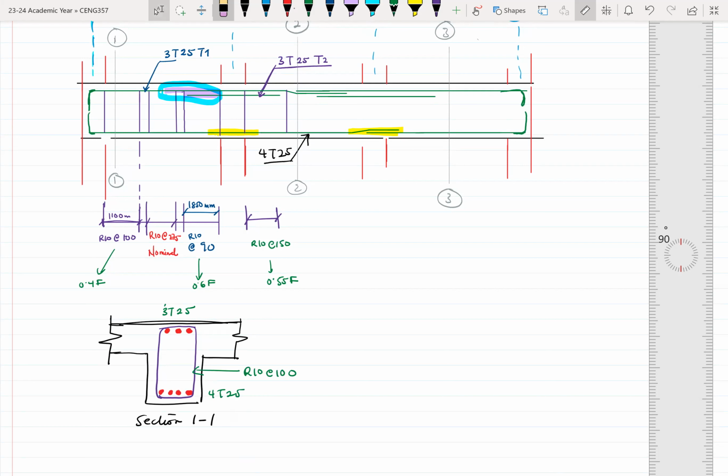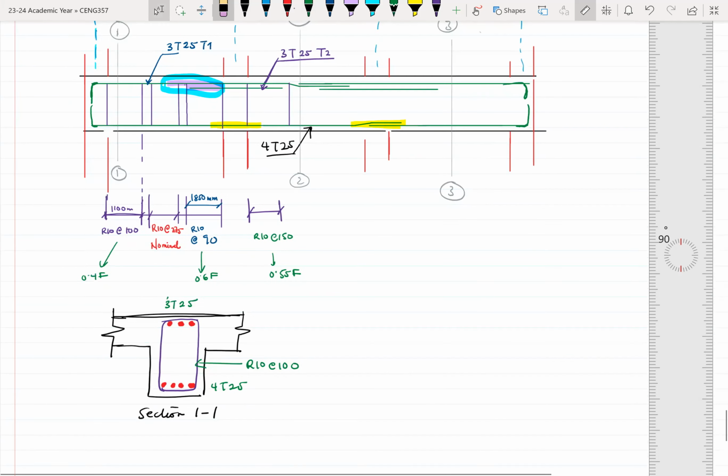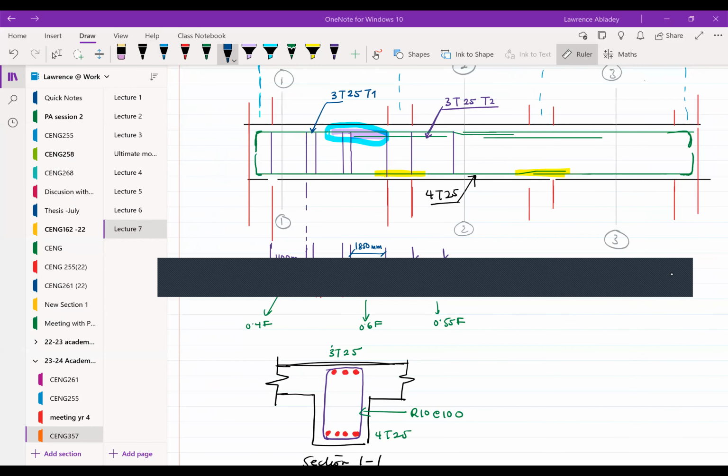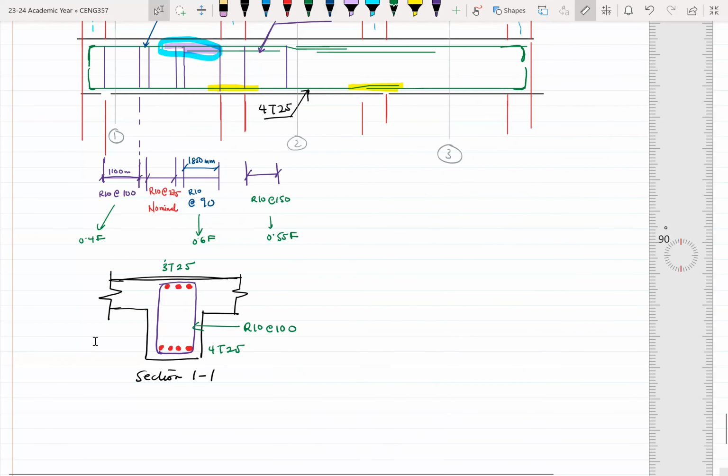So for section 1.1, we'll have something very similar for section 2.2.